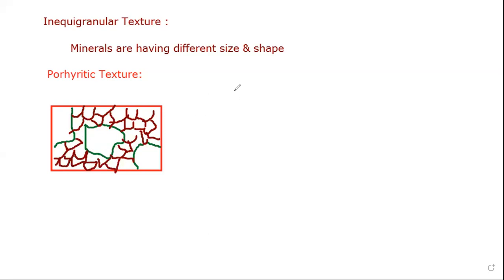Okay. So two types of materials are present in this rock.